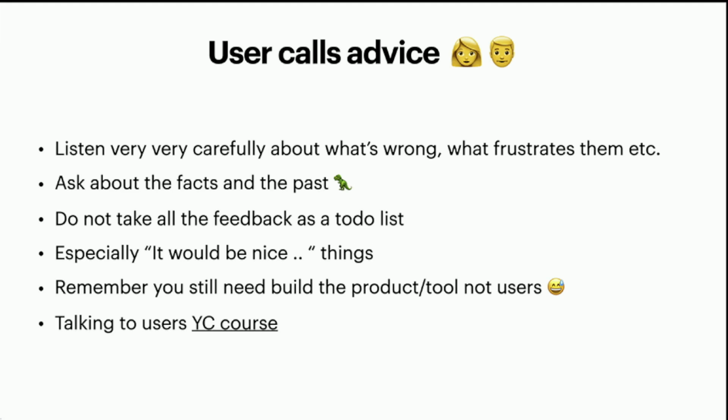They will have a lot of ideas about what you can add to your repo, and it's fine to have ideas, and you should know them too, but you are the one building the product, and you need to decide. A lot of these ideas would not make sense. You shouldn't treat this as a to-do list from the users. But definitely pay very close attention to what people are not liking and what frustrates them.